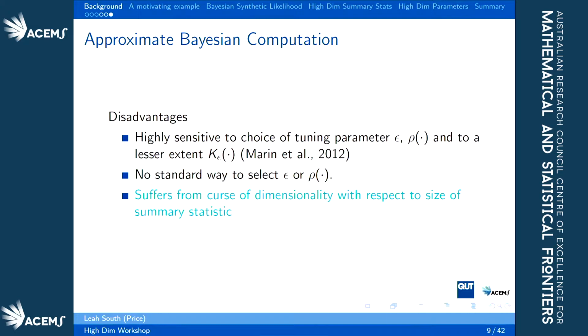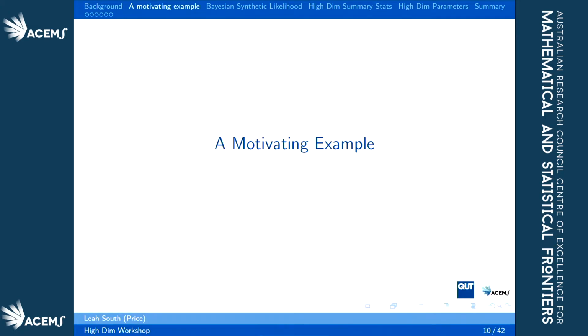And ABC suffers from the curse of dimensionality with respect to the size of the summary statistic. So as the summary statistic dimension increases, it becomes more and more difficult to tune epsilon and to choose discrepancy functions. So this is kind of where the high dimensional part comes in. We're trying to extend or improve this quality of likelihood-free methods.